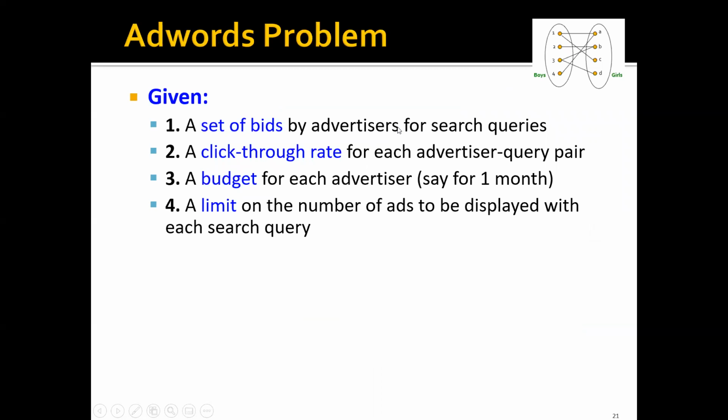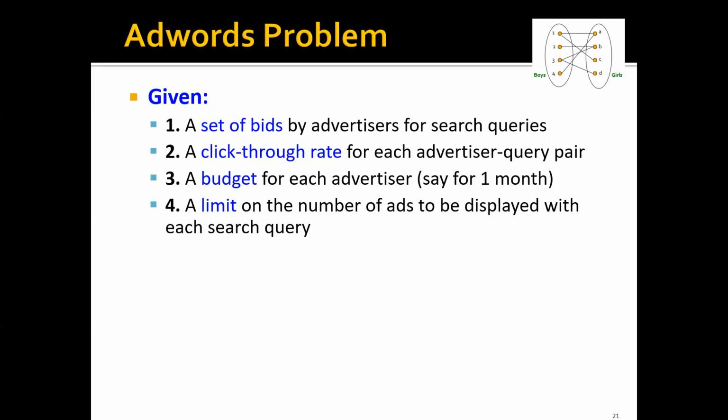Formally, in the AdWords problem, the setting is that we're given a set of bids by the advertisers for search queries. We're also given a click-through rate for each advertiser-query pair, so we know exactly the probability that an ad will get clicked if it's shown to the users. We're also given a budget for each advertiser. Say for one month, this advertiser will only have a budget of 1,000.